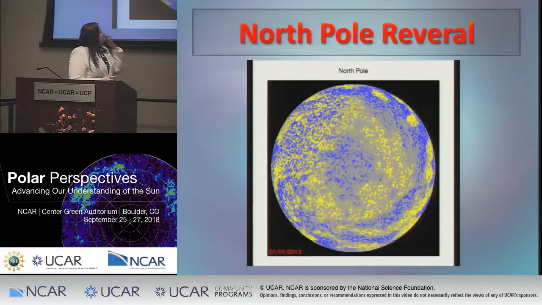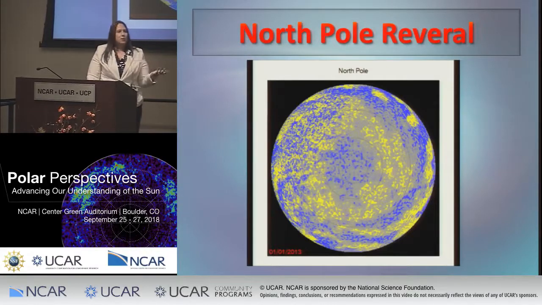And what you see is that there is negative polarity field at the center of the sun. It's kind of surrounded by a ring of positive polarity. And then around the outer edges, that's where the data assimilation is occurring, where the active regions are being brought into the model. And so what we can do is we can watch this evolution with time and get an idea of what the polar field reversal might look like.